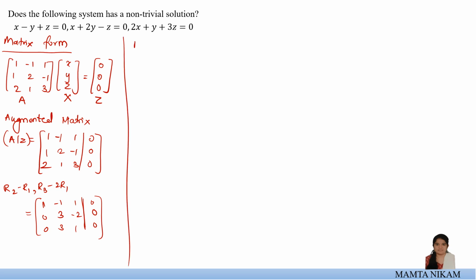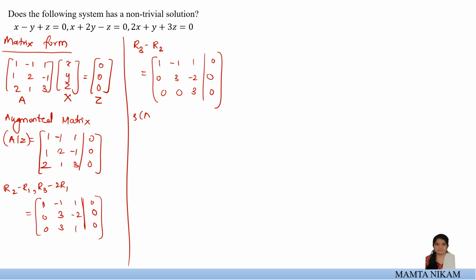We can perform the transformation R3 minus R2. So you have 1 minus 1 1, 0 3 minus 2, 0 0 1 minus minus plus 2, so this will be 3. Now if you observe, what is the rank of A?